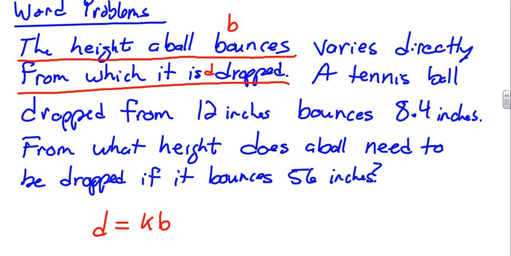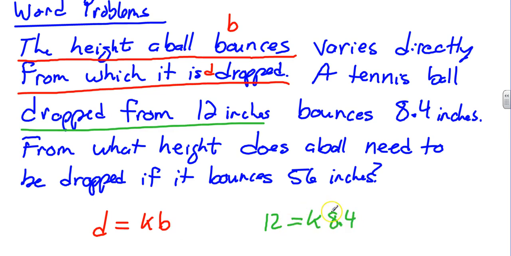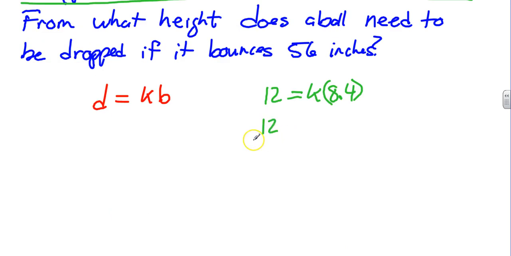So the drop part on the next one here, it says is 12 inches. And then the bounce part is going to equal 8.4. So we'll use that to figure out what the k value is. So the k value would be 12 divided by 8.4.